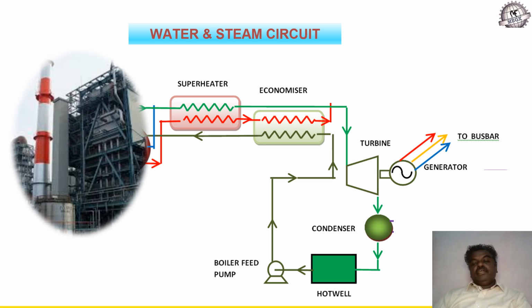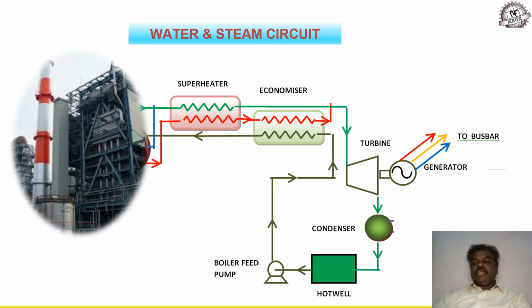Besides, a superheated steam can carry a lot of thermal energy, and when there is a good amount of thermal energy in the steam, more mechanical energy could be derived in the turbine. And that's the reason why a superheated steam is required for use in a thermal power plant.